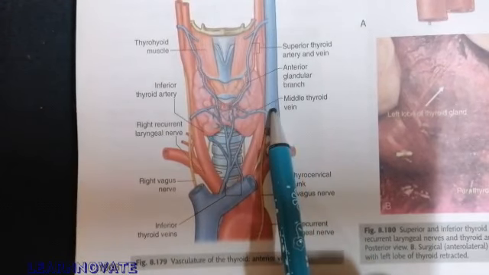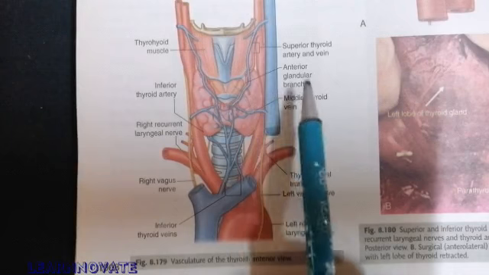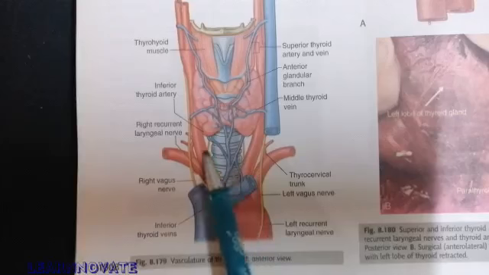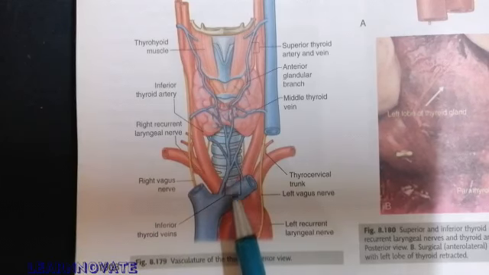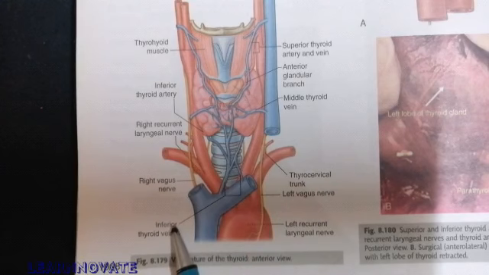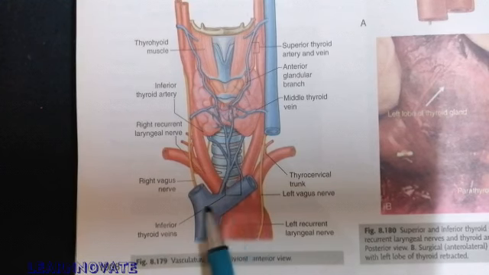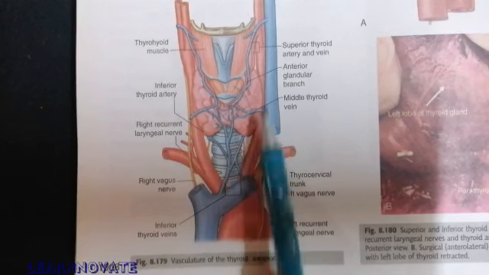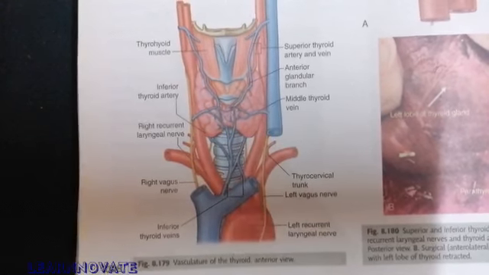While the inferior thyroid vein ultimately drains into the brachiocephalic vein, which ultimately drains into the subclavian. So this is the venous drainage of the thyroid gland.